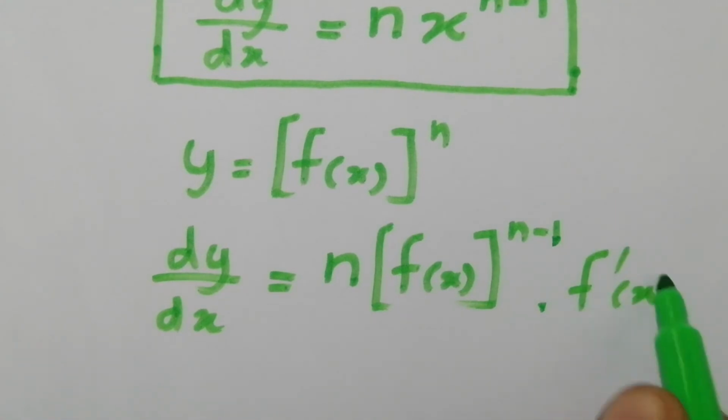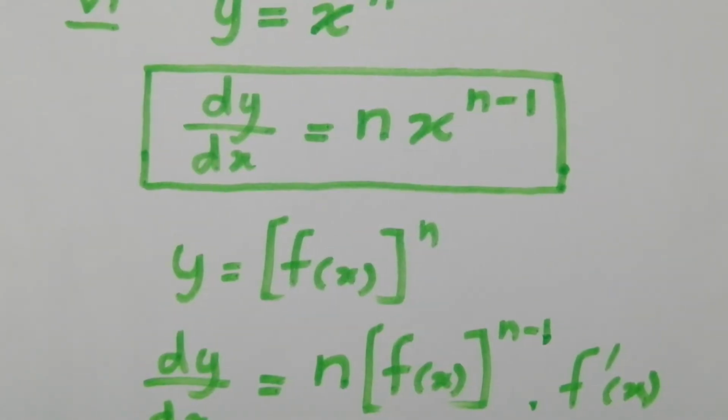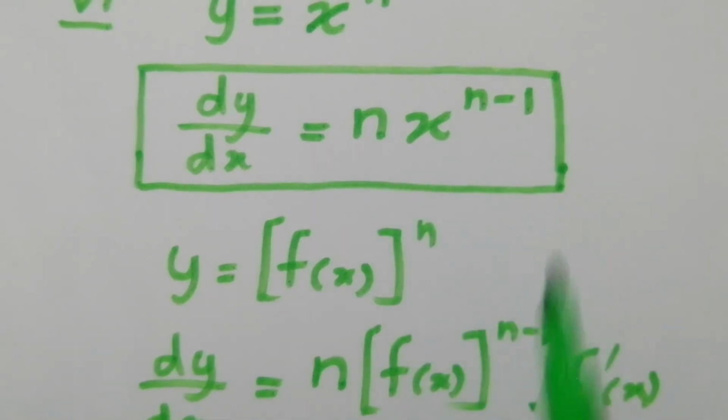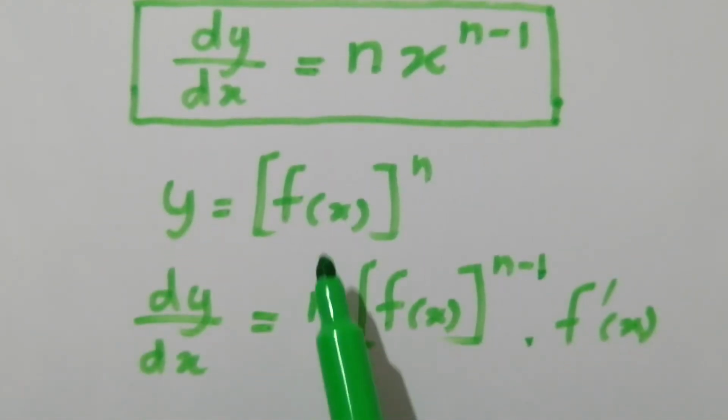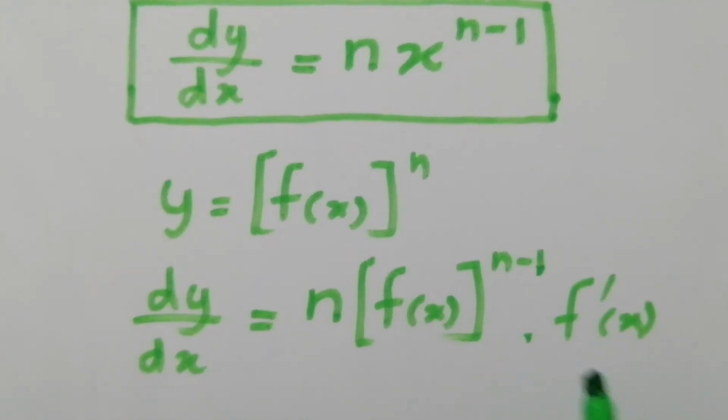For the previous one it was just x, therefore the derivative of x with respect to x is equal to 1, so we only considered n times x to the power n minus 1. For y equal to the power of a function, we write it as n times f(x) to the power n minus 1 times the derivative of that function.